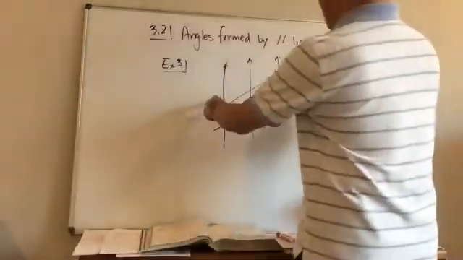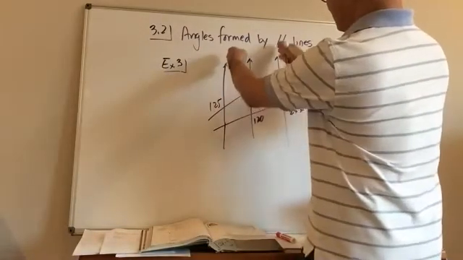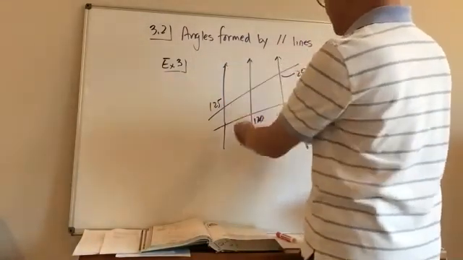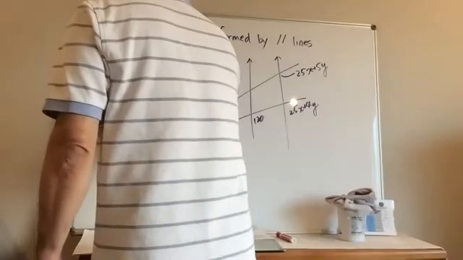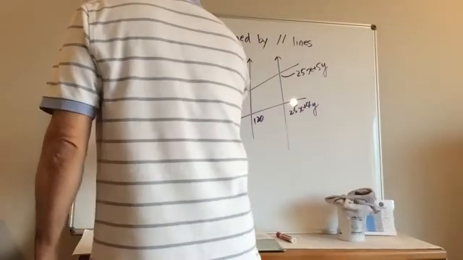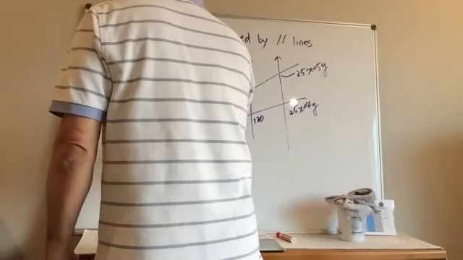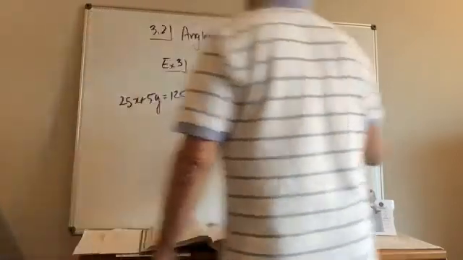So these two angles here, if you look at these two parallel lines, are alternate exterior angles, which means they're the same. So I have 25x plus 5y is equal to 125.